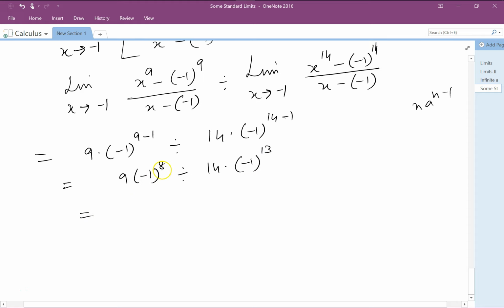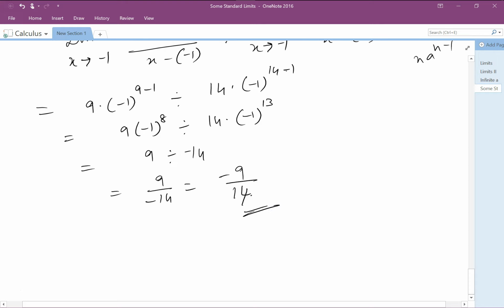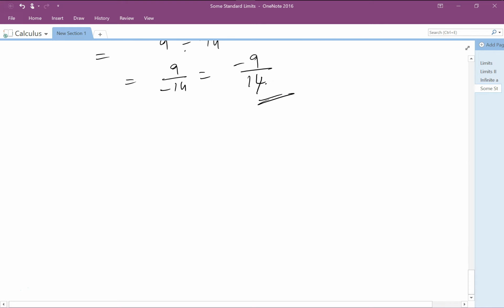So 9 times minus 1 to the power of 8 will make this positive. So 9 divided by 14, and this would make it negative, an odd number. So 9 divided by minus 14, which is minus 9 by 14. This is the limit.